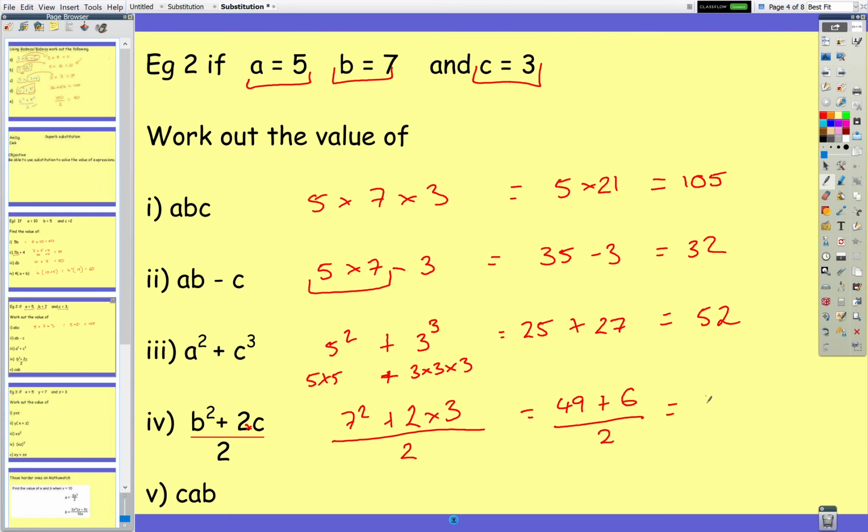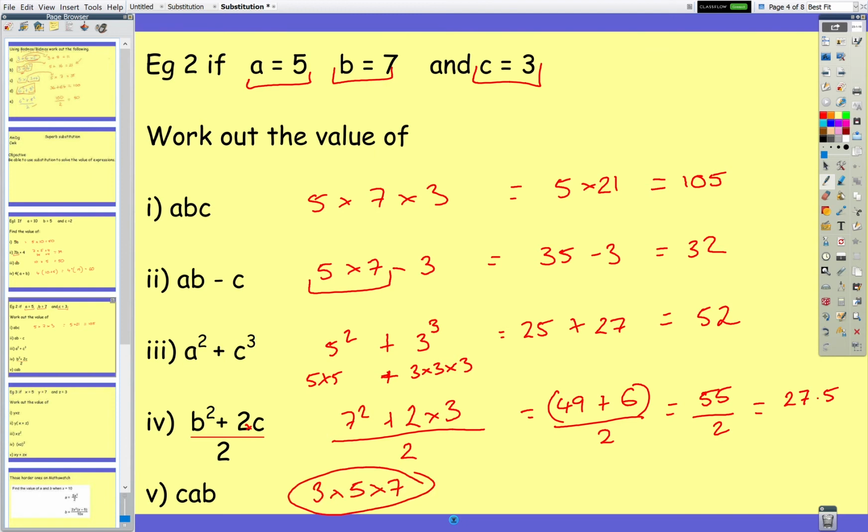That then at the top gives me 55 divided by 2. BODMAS would say halve that and halve that, but I might as well add all this together. Imagine there's like a bracket here. So that gives you 55 divided by 2, which gives me 27.5.